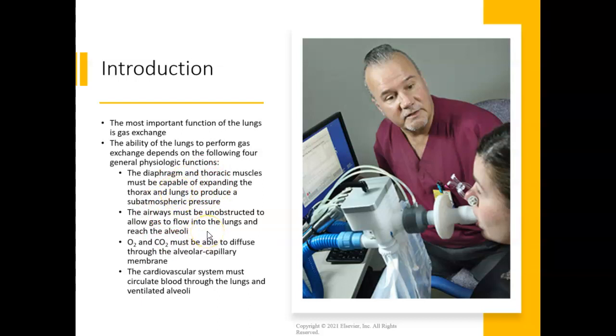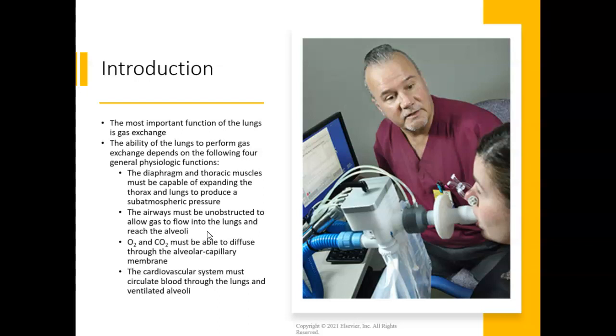Your airways, those air passages that the air travels through, also must be unobstructed. I've used the imagery before, like if I told you guys all to run down the hallway, that would be relatively easy to do.